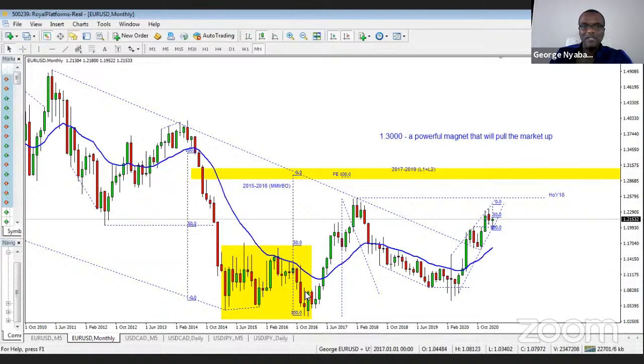So the first leg went up to when the distinct pullback started. And then where would the leg two start? The leg two would start where the pullback ends. So the pullback ends here.